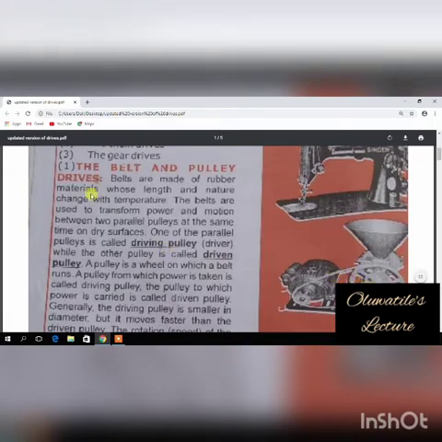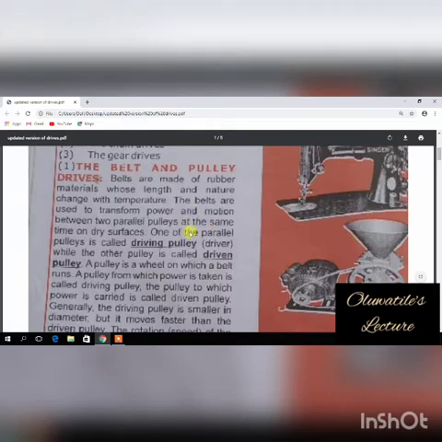The belt and pulley drives are made of rubber materials. You can see that in the grinding machine, the rubber's length and nature change with temperature, depending on what you want to use it for. You can't compare the rubber used for the grinding machine to the rubber used for a sewing machine. It can't be as thick as that.